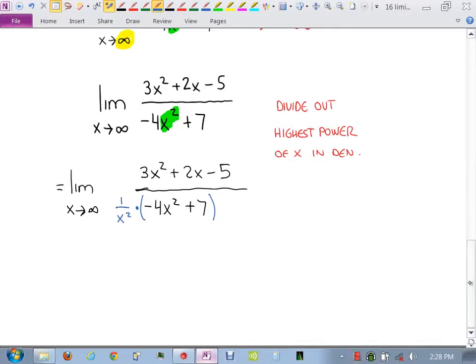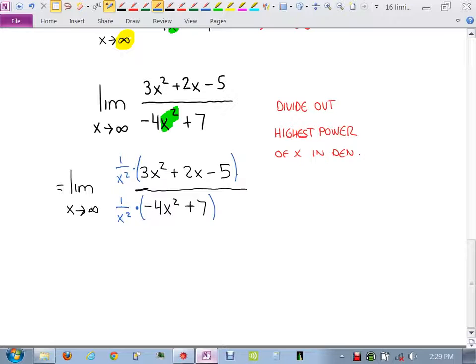Wouldn't that get rid of the highest power of x there? But I can't just come in with 1 over x squared on the bottom. Whatever I do to the bottom, I have to do to the top, don't I? So I have to do a 1 over x squared on top also. This is the standard trick for infinity over infinity. At this point in this class, that's what we do. Later on, we'll have another way of handling this.